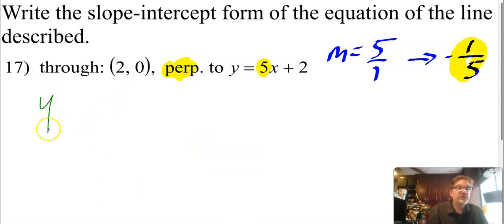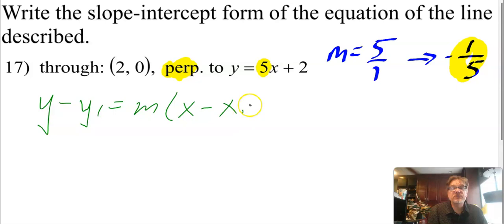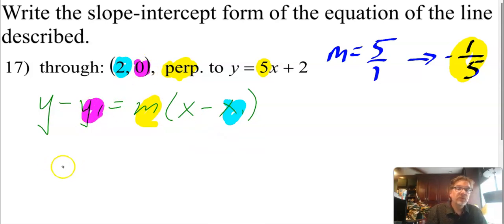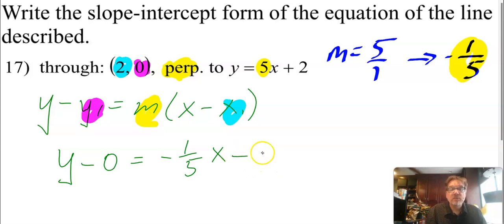They gave me my point, so y minus y1 equals m times x minus x1. Plug in our values where we've got slope, x1, y1. So y minus 0 equals negative 1/5 times x minus 2.